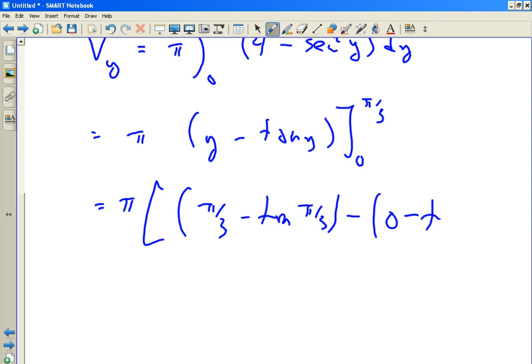The tangent of 0 is 0, so this all drops out, right? The tangent of pi over 3 is the sine of pi over 3 over the cosine of pi over 3. The sine of pi over 3, remember, was rad 3 over 2. The cosine of pi over 3 is 1/2. Rad 3 over 2 divided by 1/2 is just rad 3. So you get pi times 4 pi over 3 minus rad 3.